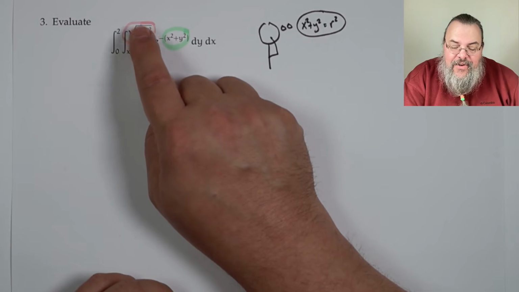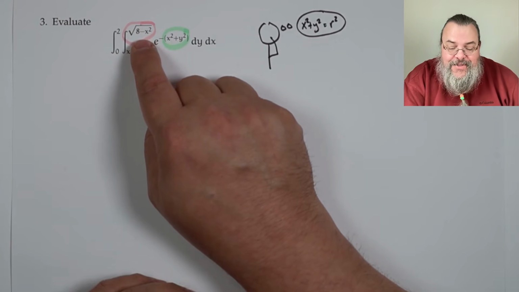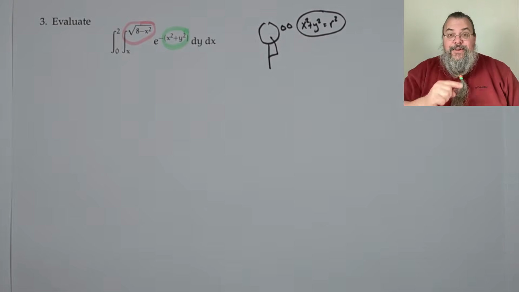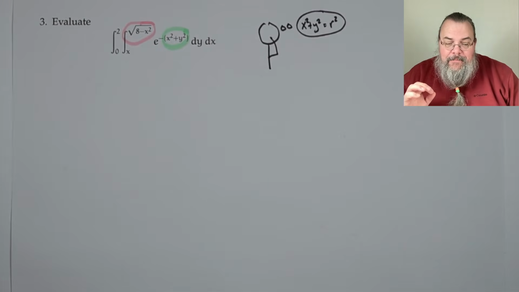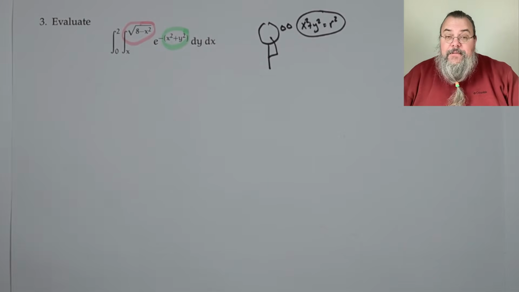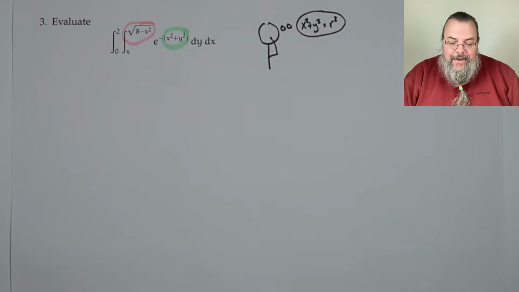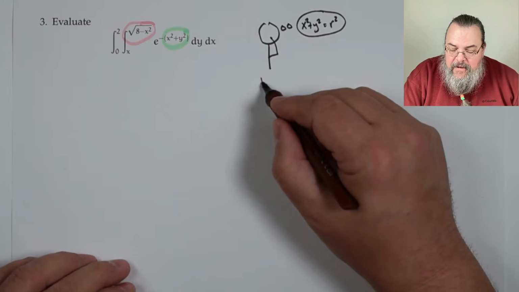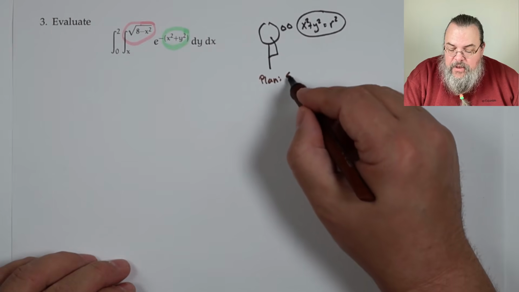So when you see a circle, and polar loves circles, or you see an x squared plus y squared, polar loves x squared plus y squared, you're like, switch to polar. So that's our plan. And now we have a plan. And that's good. We love it when a plan comes together. All right, so our plan. Switch to polar.